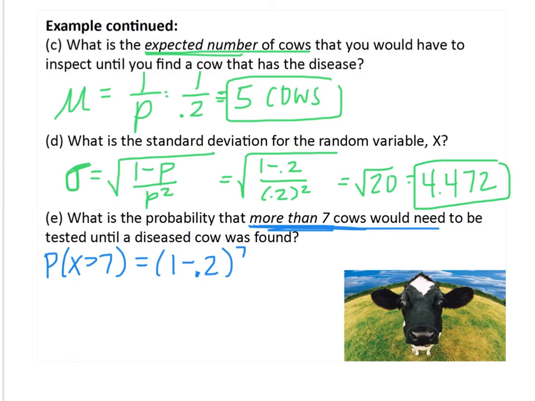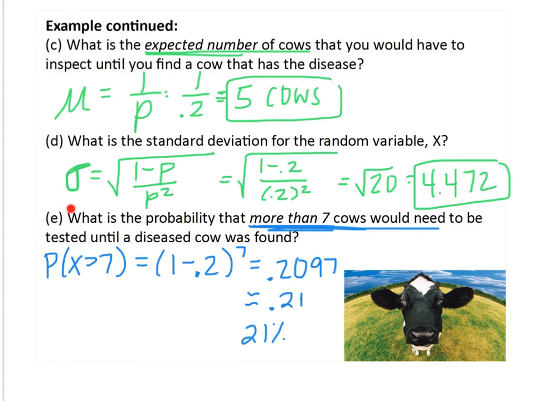And when I do that in my calculator, you are going to see that the probability of more than 7 is 0.2097, or if you round that to 3, it'd be 0.21. So there's a 21% chance that it's going to take more than 7 cows to test until a diseased cow is found.